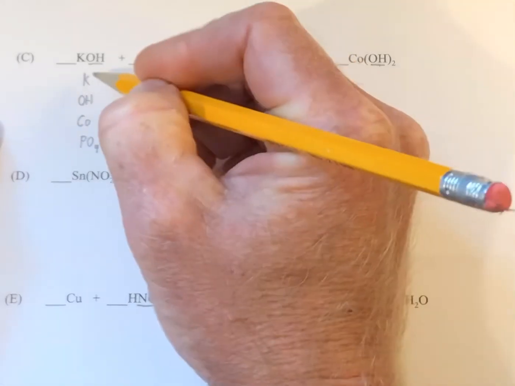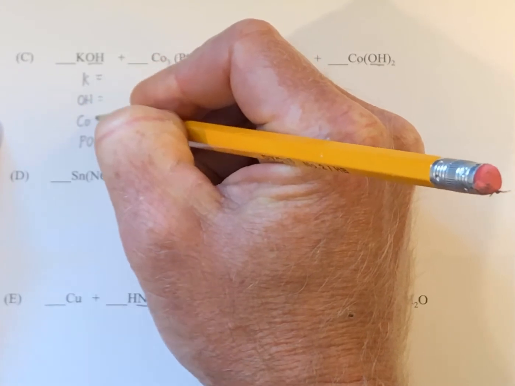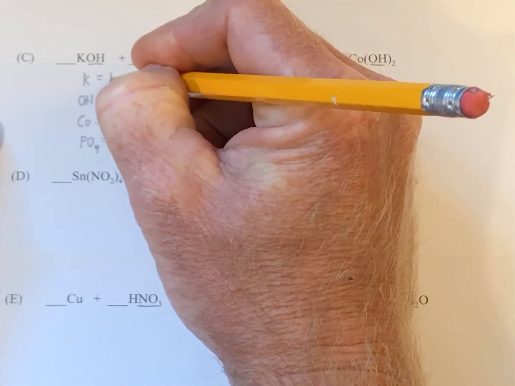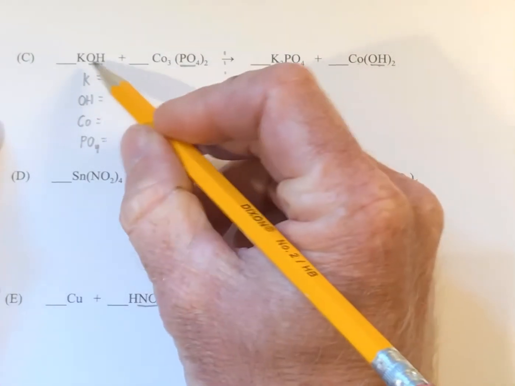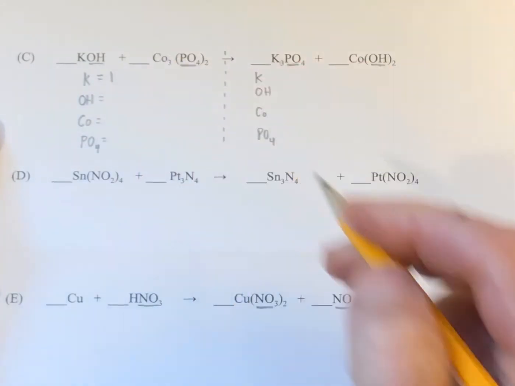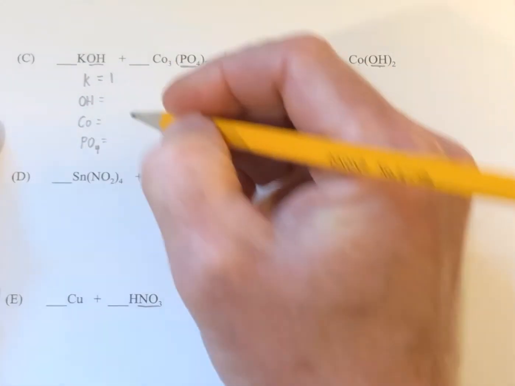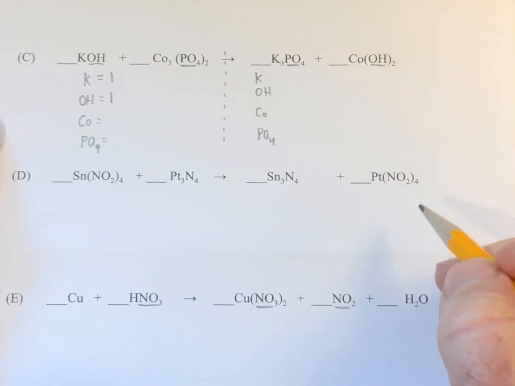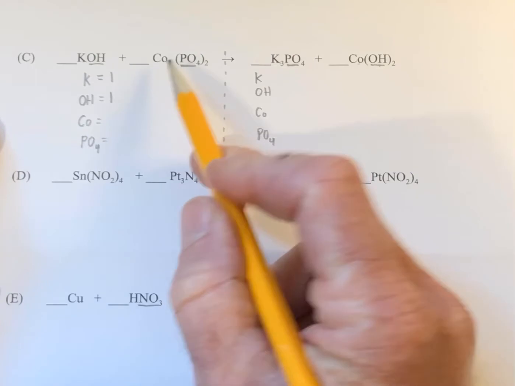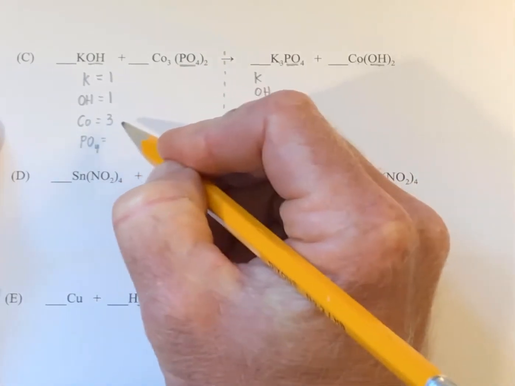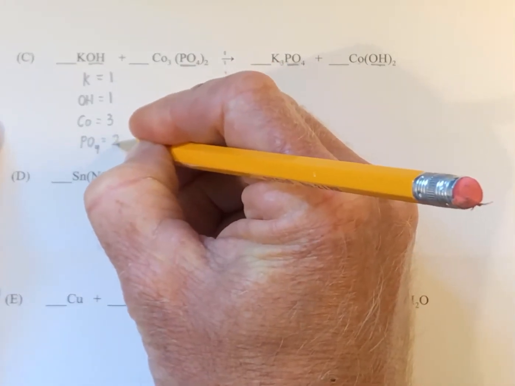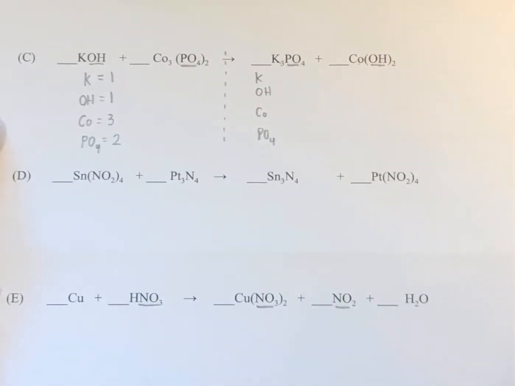So when we're counting these now, we're just going to count the ions. For potassium hydroxide, potassium has a 1. And there's a total of one hydroxide ion, since there are no parentheses or numbers outside those parentheses, which means we just have one of those hydroxide ions. For cobalt phosphate, the subscript 3 for cobalt, and this PO4 in parentheses, the 2 indicates that there's a total of 2 of those phosphate polyatomic ions.